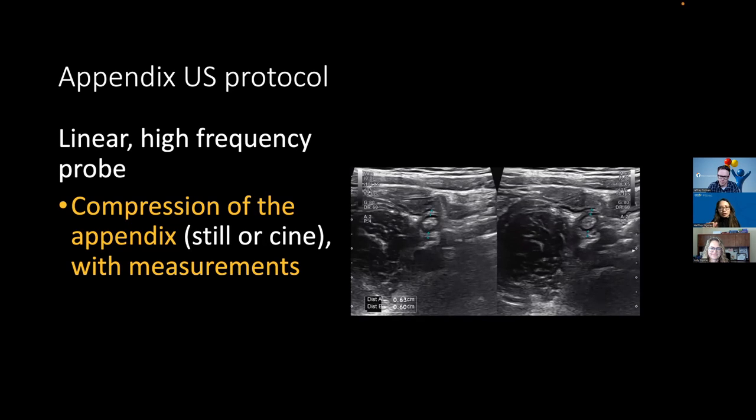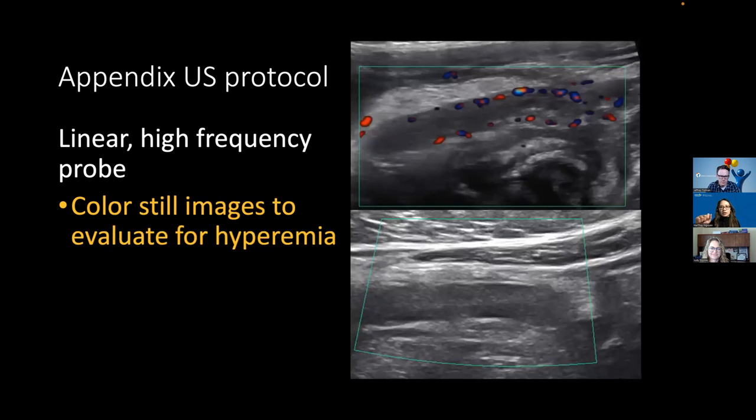So you're not going to smush the appendix to nothingness. Just because it decreased only a little bit doesn't mean it's abnormal. It probably means you had to press quite a bit to view it in the first place. But either way, that's helpful, because if it doesn't compress or move easily, that may be a sign of acute appendicitis.